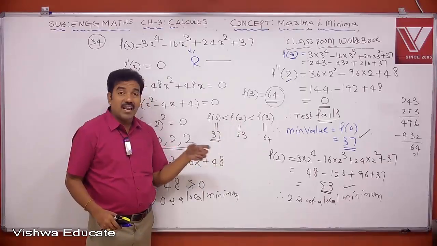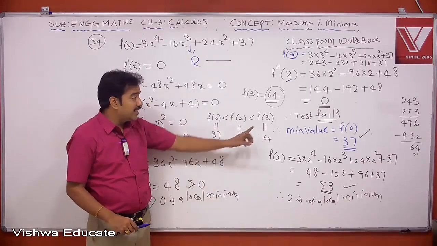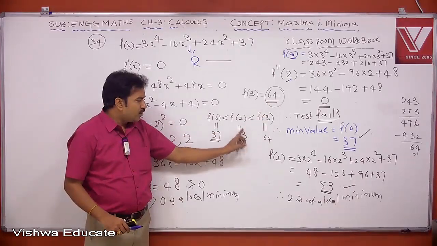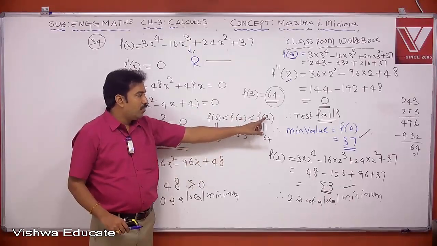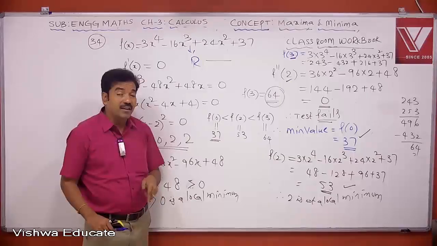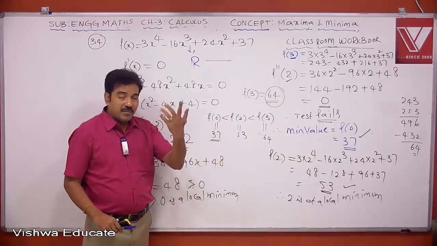Therefore 2 is not a local minimum as well as not a local maximum. But I am not saying that this 3 is a local maximum. 3 can be anything. Roll number 2 has marks 53. Roll number 3 has marks 64. Roll number 0 has marks 37 and 0 is a local minimum. So the least mark is 37. See, let me tell you one example.